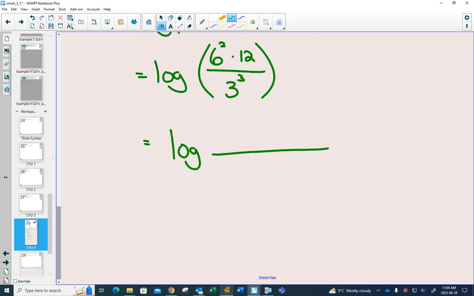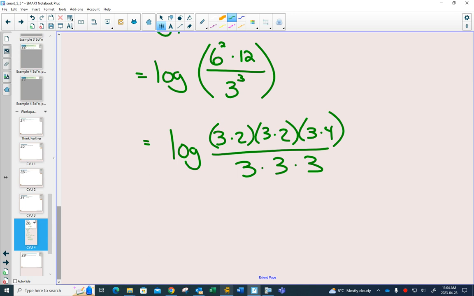And again, as a mental math strategy, 3 cubed is 3 times 3 times 3. 6 is 3 times 2. And the second 6 would be 3 times 2. And 12, 3 times 4. That would allow me to simplify a bunch of the things. Oh, I forgot to write that on 4.